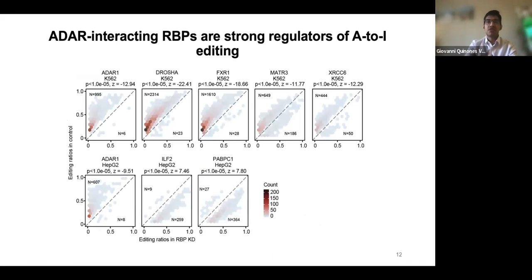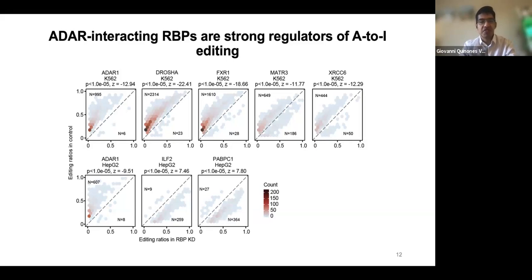Next, another category we wanted to dive into is to look at RBPs that have been reported to interact with ADAR. So in the literature, there have been a number of reports about different RNA-binding proteins that interact with ADAR with or without the help of RNA.